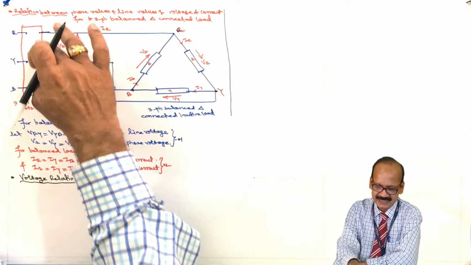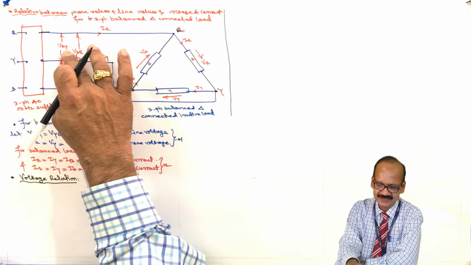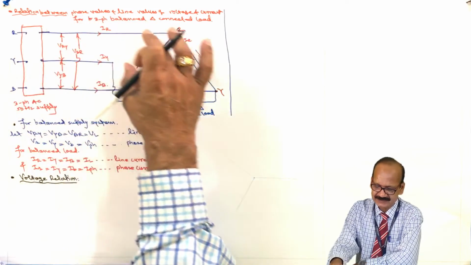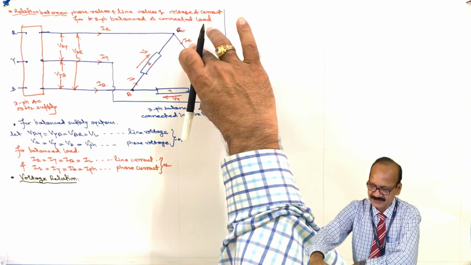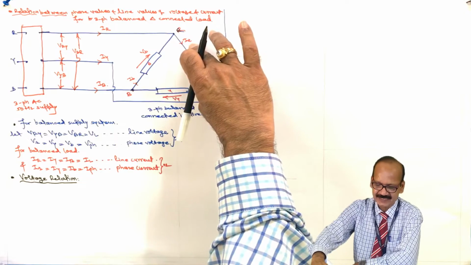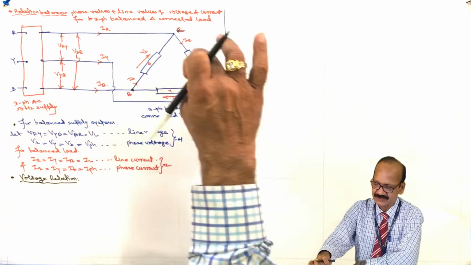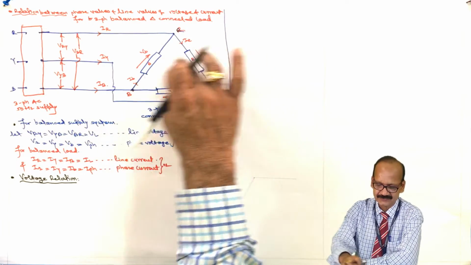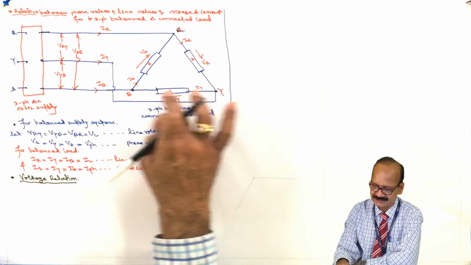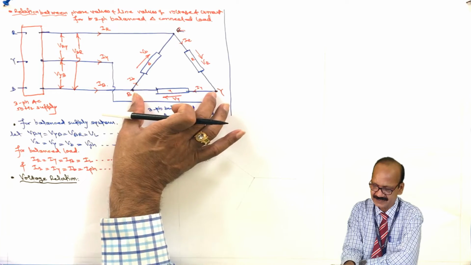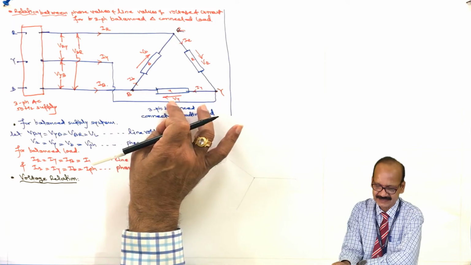For example, between R and Y, this is the line voltage V RY, but the same pair of lines is connected to the respective load. Similarly, V YB is across Y and B, so the voltage across YB is V small y, they are equal.